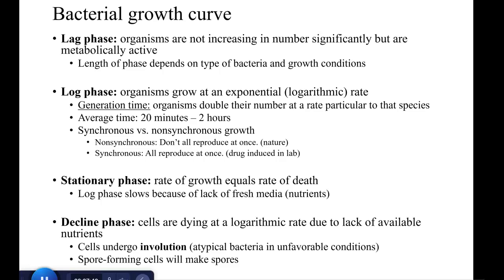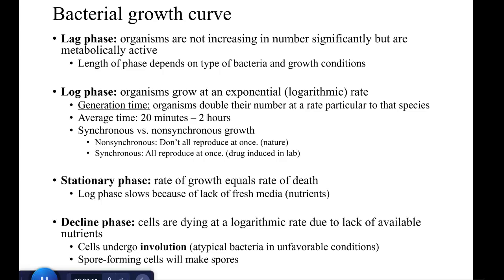Now, I know that we talked about our endospore forming bacteria. Remember, endospores are a protective feature. So if cells sense that, okay, nutrients are scarce, we don't have as much water, that's probably going to happen in stationary phase. And if they are spore formers, some of them are actually going to start to go into that spore state. We would actually see even more endospores form in decline phase.